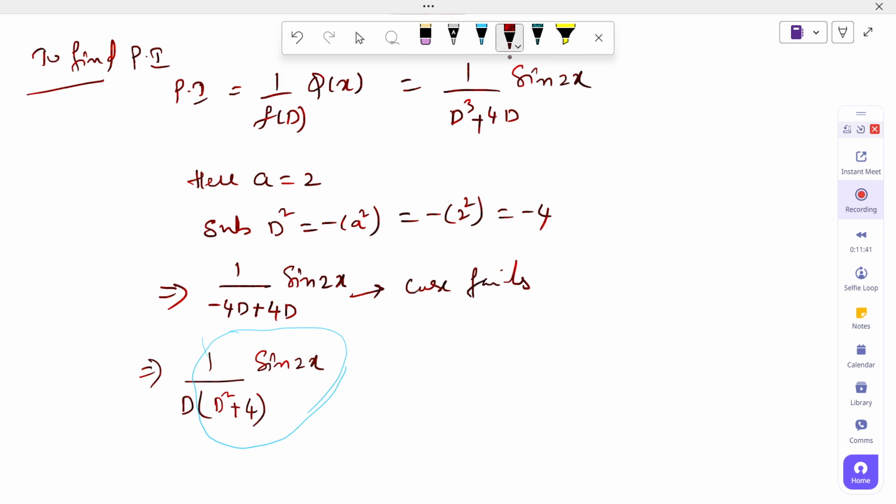So directly, how can we write 1 divided by D square plus a square into sine ax? It is minus x by 2a into cos ax.